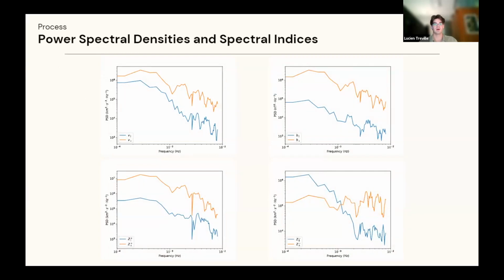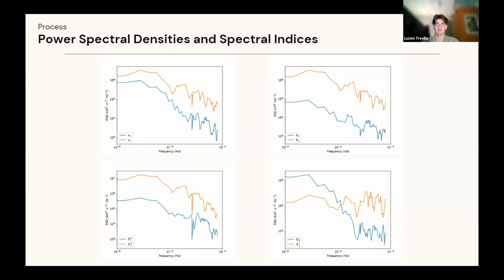Here are the power spectral densities for the velocity fluctuations on the top left, magnetic fluctuations top right, the Elsasser plus variable, and Z minus on the bottom right. Throughout this presentation, the orange color should always correspond to the perpendicular component and the blue color to the parallel component.